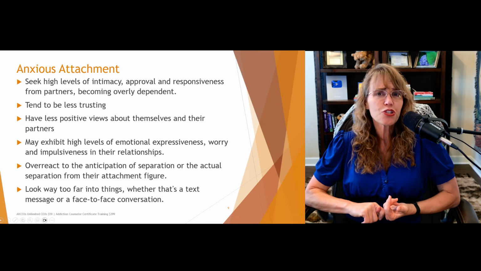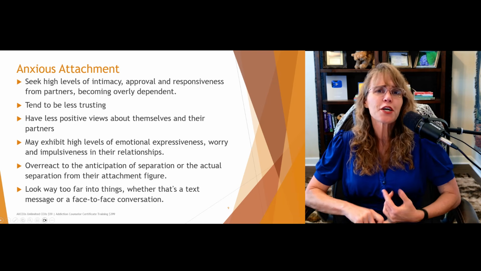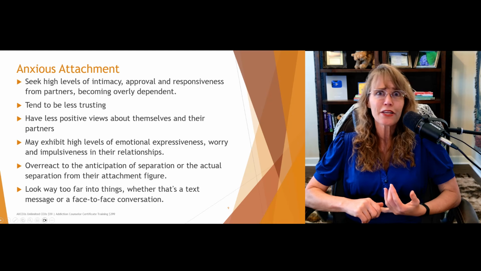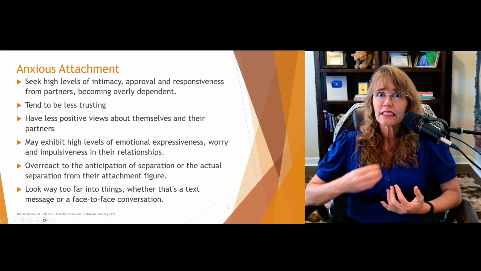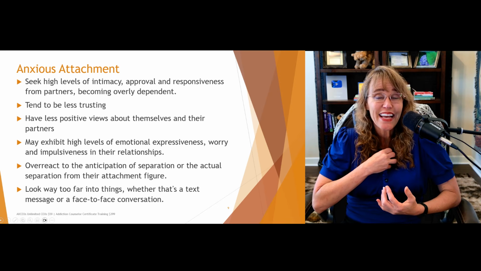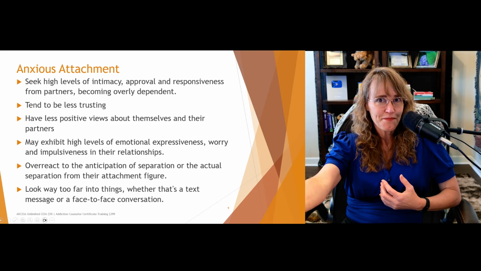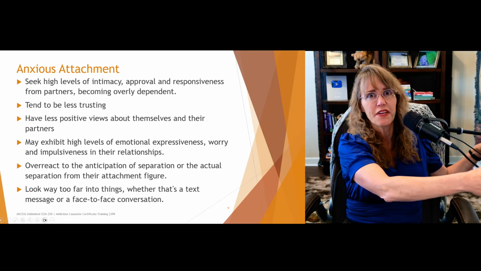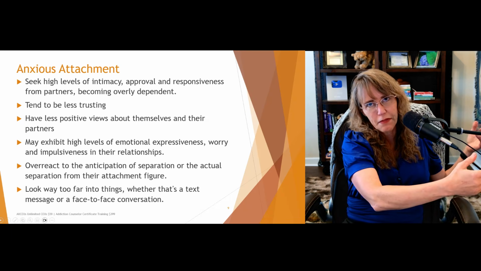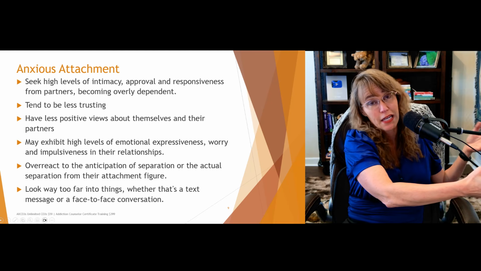They tend to be less trusting. Well, they never learned how to communicate their needs, so they're not getting their needs met from other people, but they don't recognize that that's their fault for not communicating them, and they blame others. Now, remember, the infant can't communicate, and the infant expects that the caregiver is going to kind of read their mind.